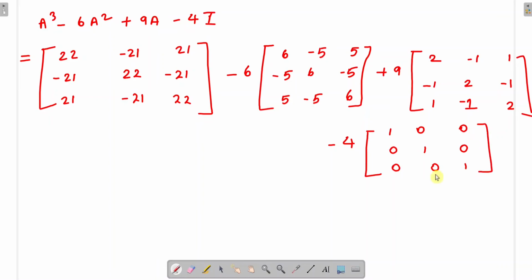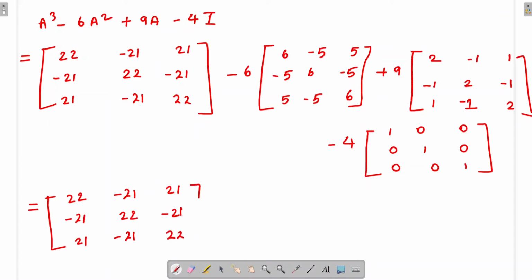So this will be equal to 22 minus 21 21, minus 21 22 minus 21. We are writing this matrix as it is, 21 minus 21 22. And now what we will do here, this is minus, and then 6 we can multiply to this matrix.